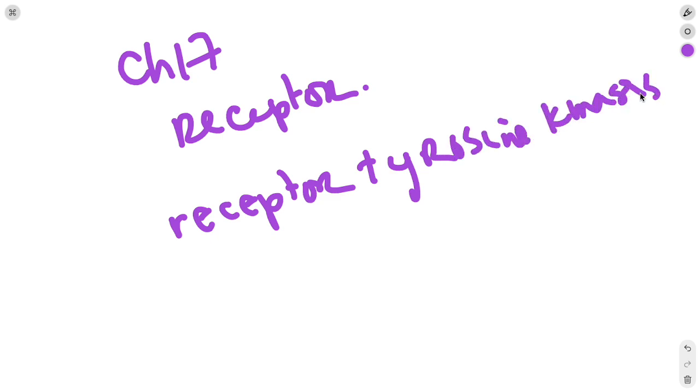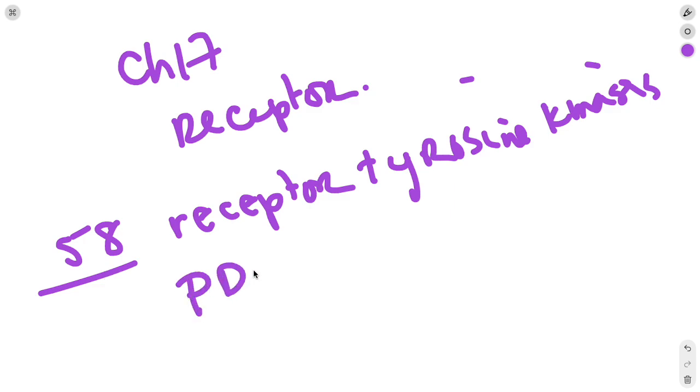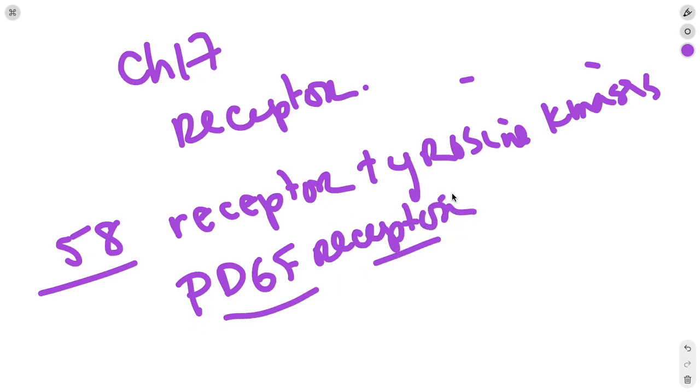And in humans, I think there are 58 proteins and 58 genes for those proteins that are in this category. Okay? And so one of them is the PDGF receptor, our favorite. Let's say that'll probably be our favorite receptor in our course.